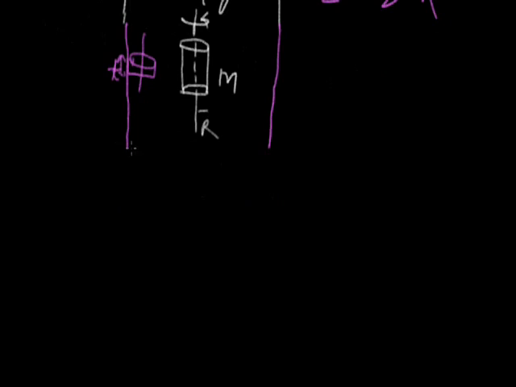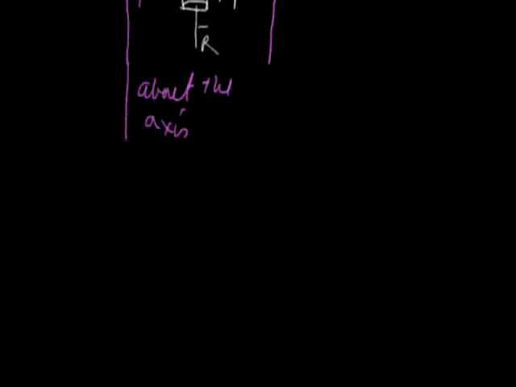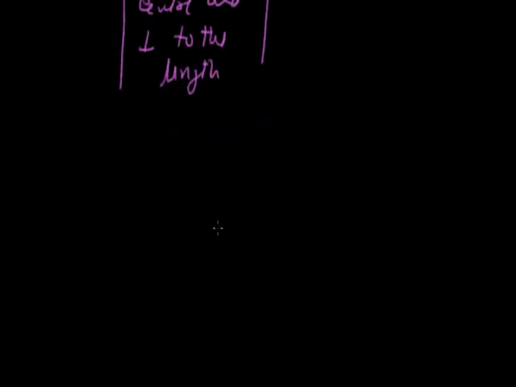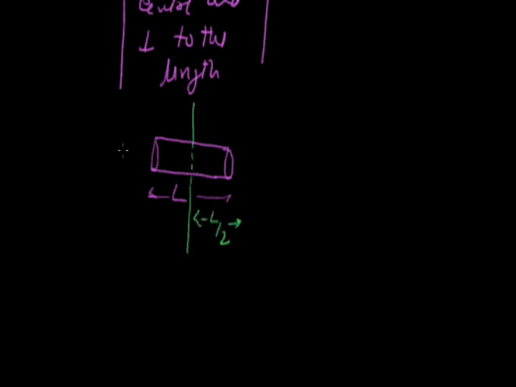Now the second point: about the axis passing through the center of the cylinder and perpendicular to the length. The length is L, the axis is passing through this point, this length is L by 2, mass is m and radius is r.